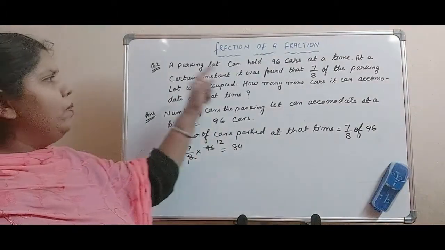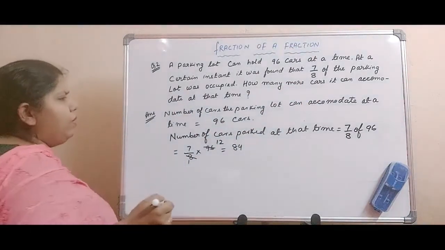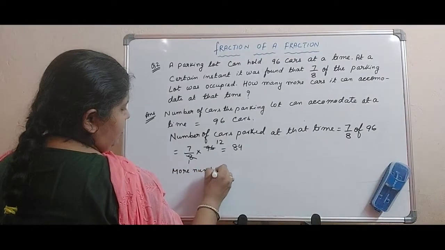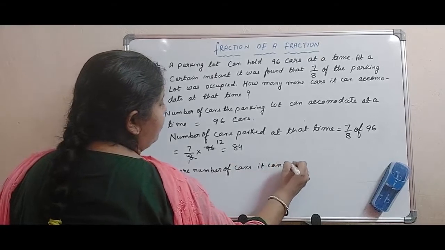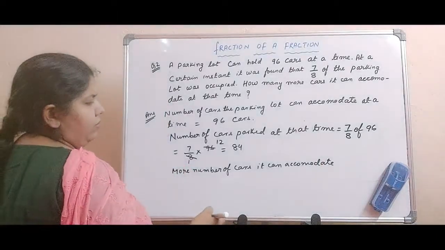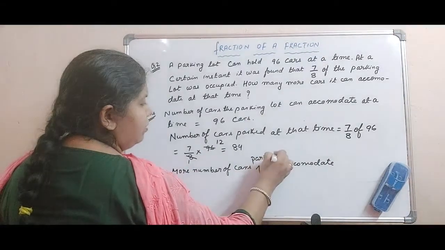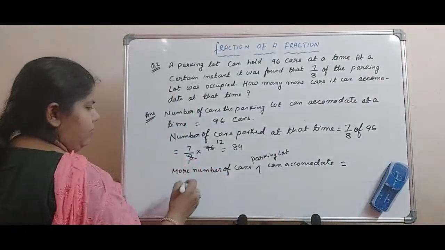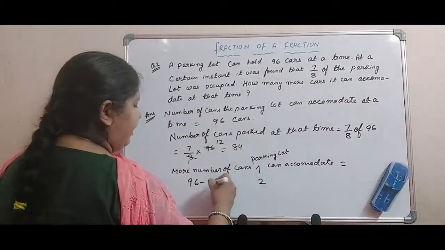Now the question is how many more cars it can accommodate at that time. Okay, so more number of cars the parking lot can accommodate equal to, we have to subtract, that is 96 minus 84. 6 minus 4 is 2, 9 minus 8 is 1.